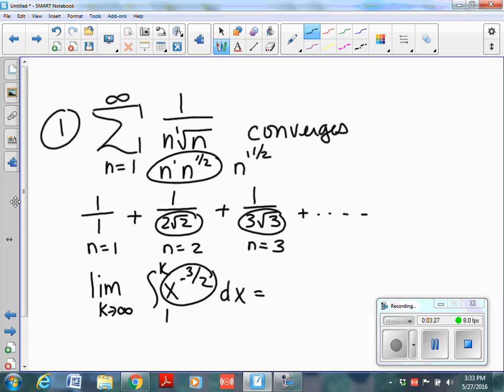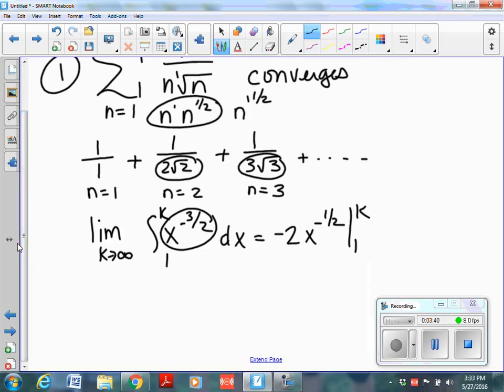When you integrate that, you get negative 2x to the negative 1/2 from 1 to k. It's going to get closer and closer, it's just going to converge, because whatever you plug in for the k or the x, you're going to get a value.